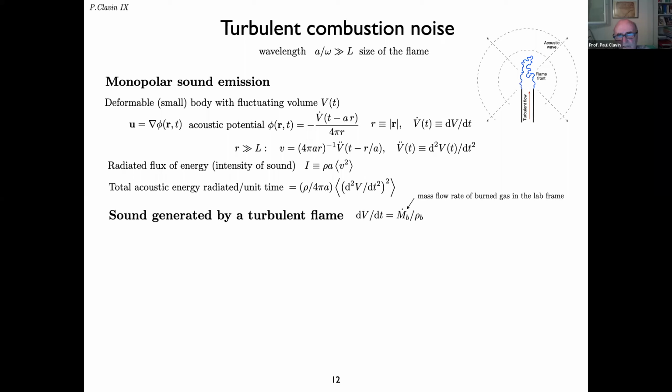And it turns out that for the sound generated by a turbulent flame, if you call m-dot the mass flow rate of burned gas in the lab frame, the time derivative of the velocity here is simply the mass flow rate of burned gas in the laboratory frame divided by rho b.